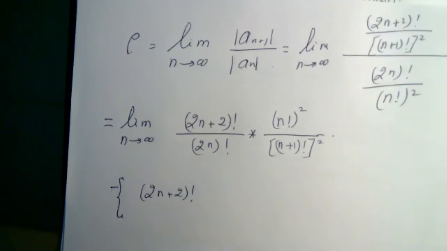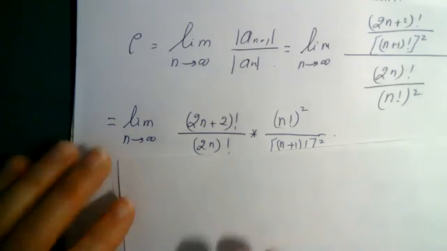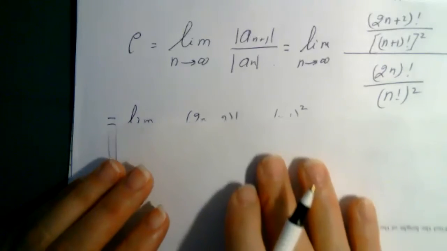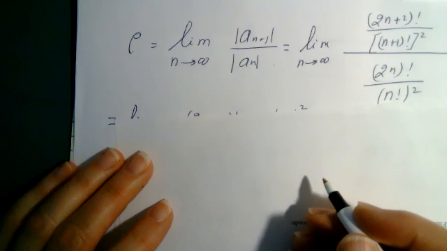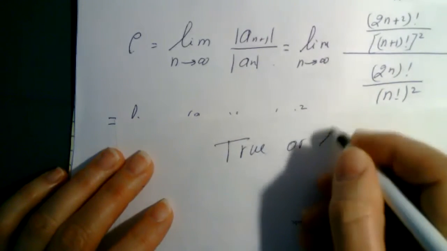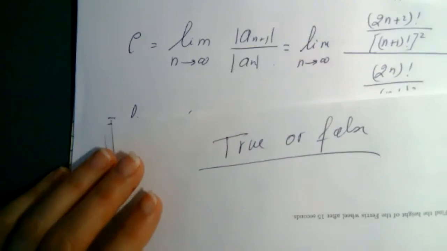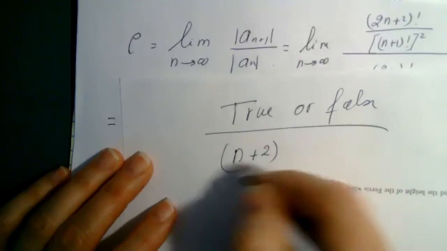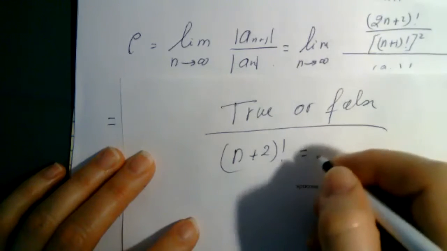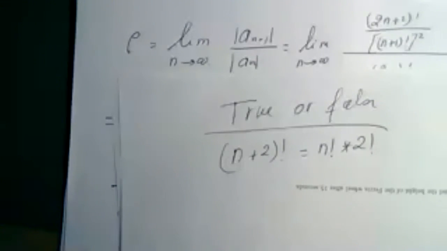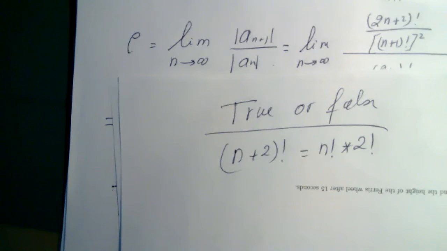Absolutely, I don't know where you got it from, and my answer is no to the chat. You cannot factor out anything. I'm addressing the question on the chat. True or false? Let us say I have n plus 2 factorial. Is it n factorial times 2 factorial? True or false? I want an answer.